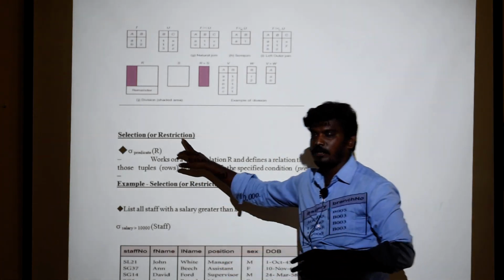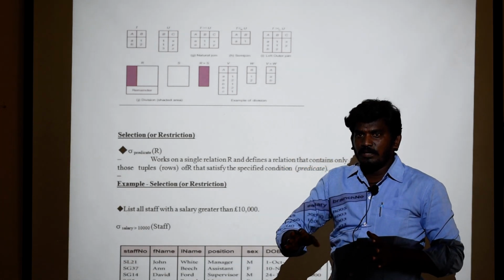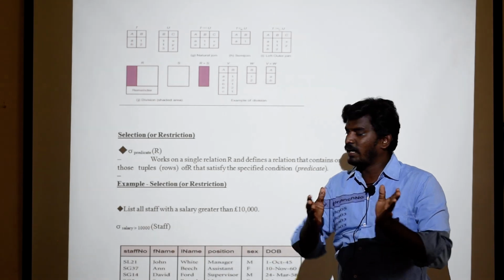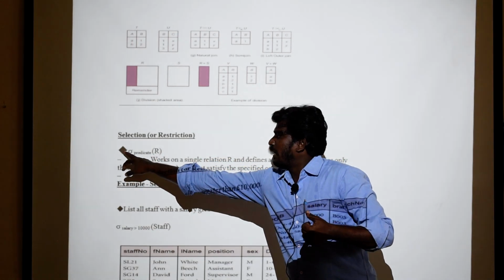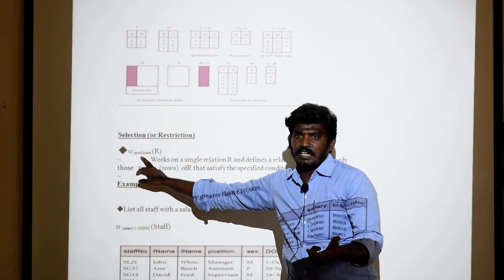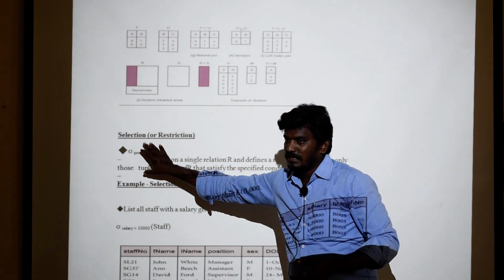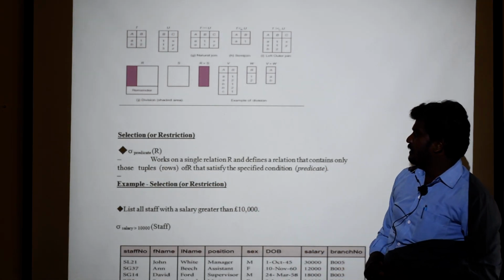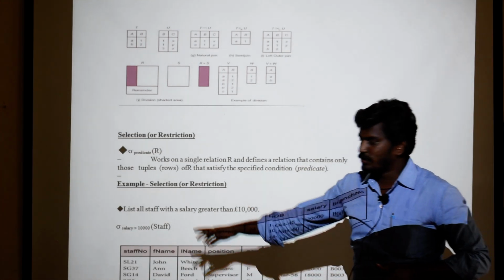The same principle applies, though DBMS normally differs, but I already told you DBMS and RDBMS are totally different. So for the selection operation I am using the predicate symbol, okay. The predicate is the condition statement. Then R is the relation. Relation is nothing but a table, okay. The meaning is that it works on a single relation R and defines a relation that contains only those tuples.